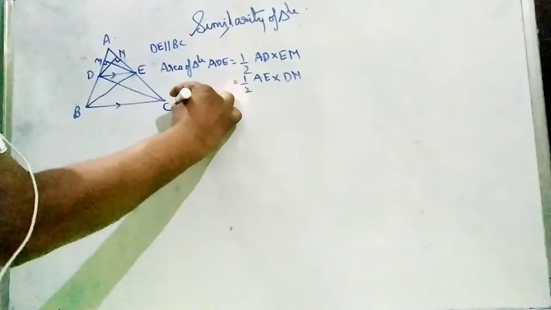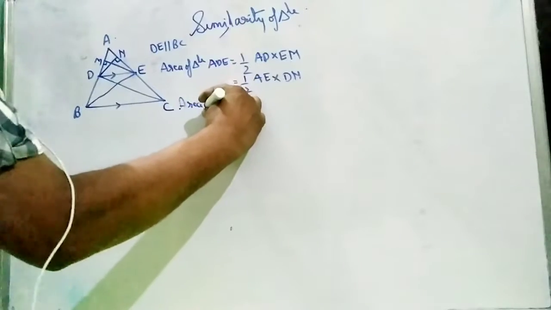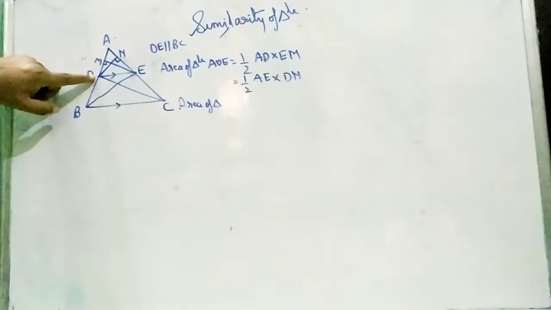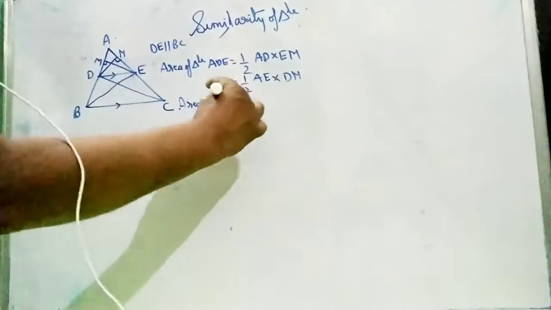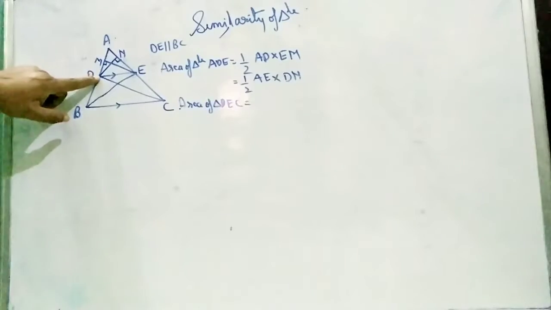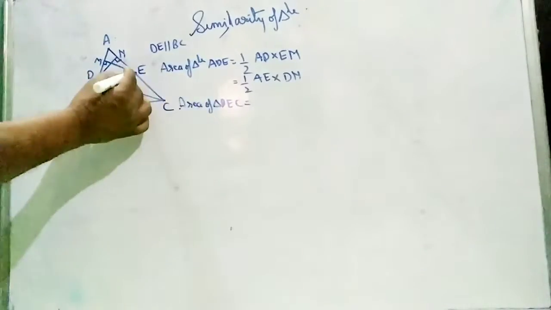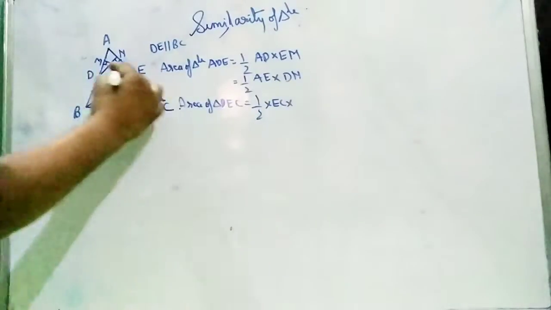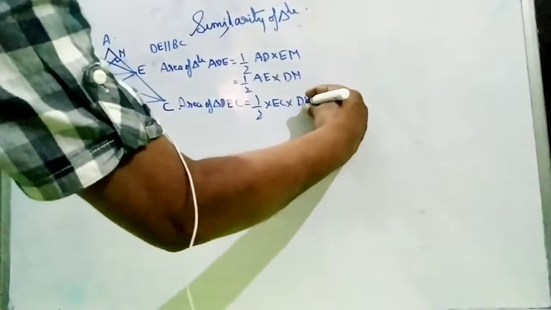Then we will find out the area of triangle DEC. If we are taking base as EC, then DN will be the perpendicular.